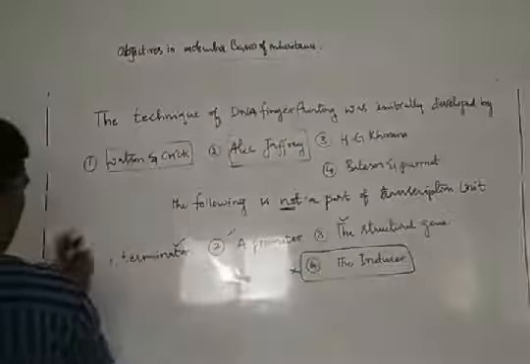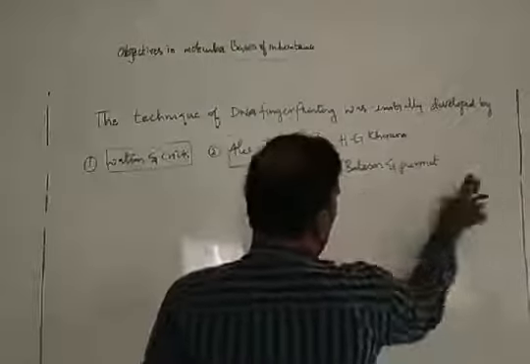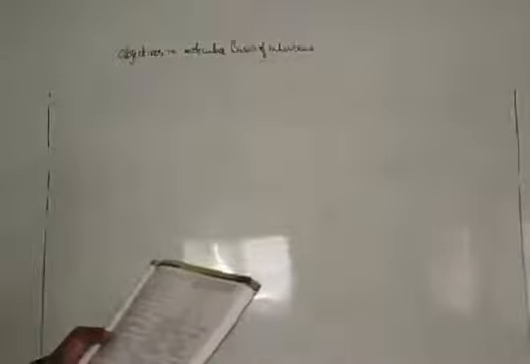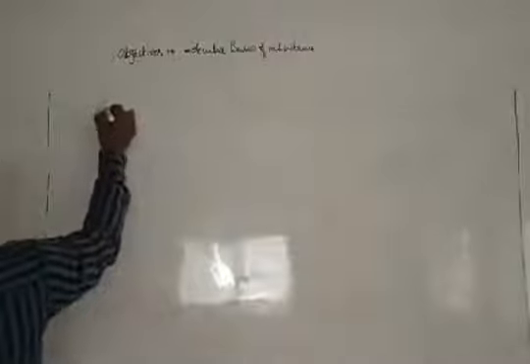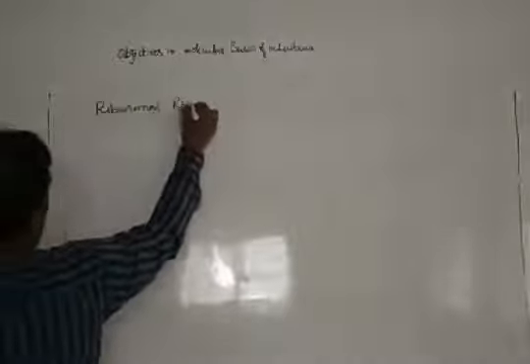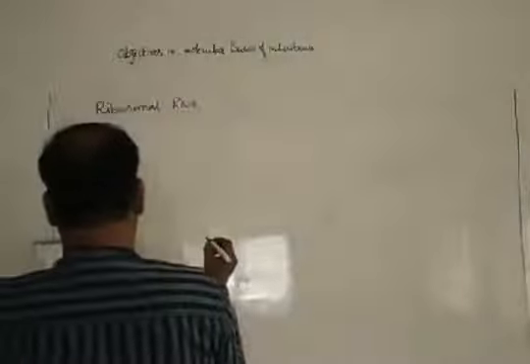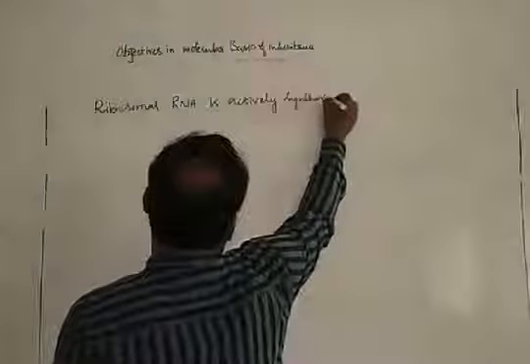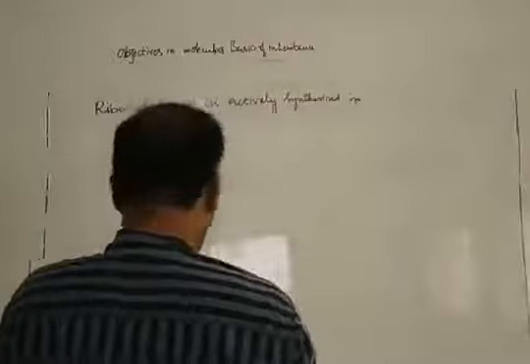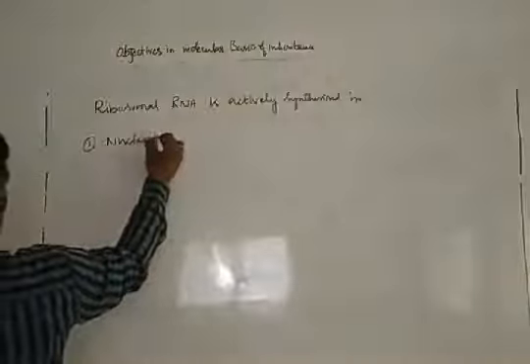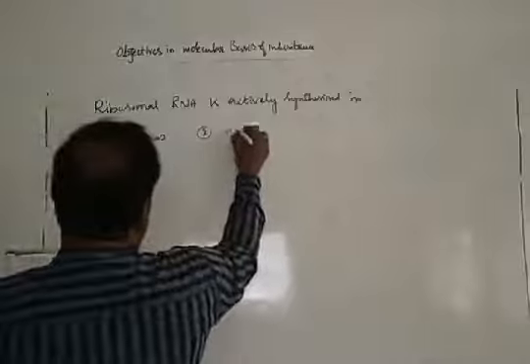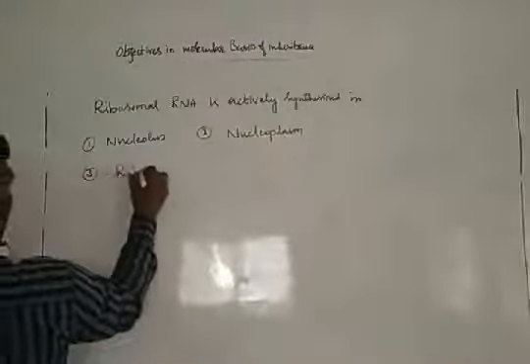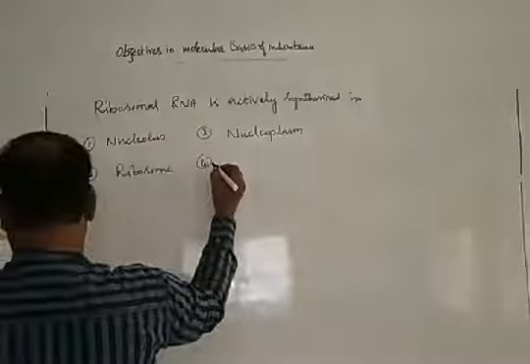So next question. Ribosomal RNA is actively synthesized in: the nucleolus, the nucleoplasm, ribosomes, or lysosomes.